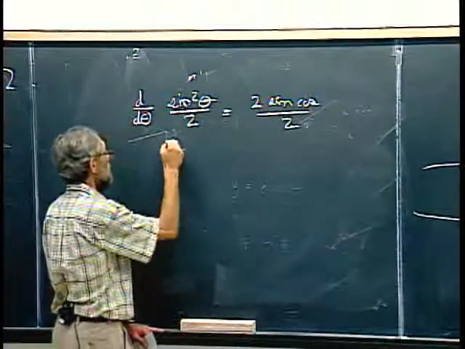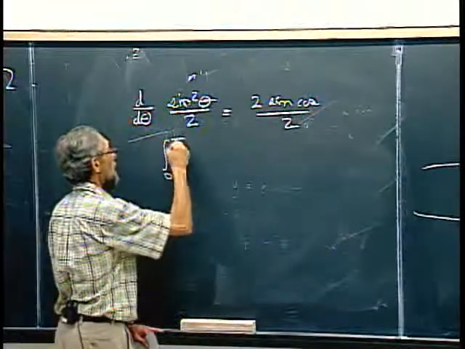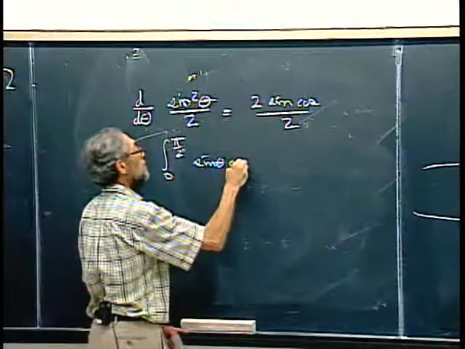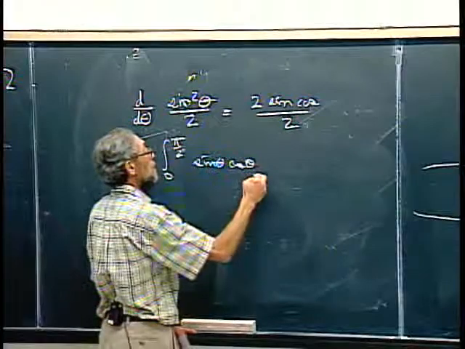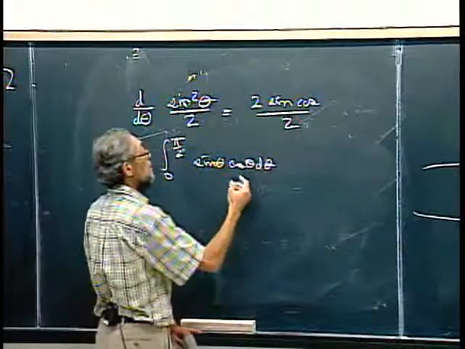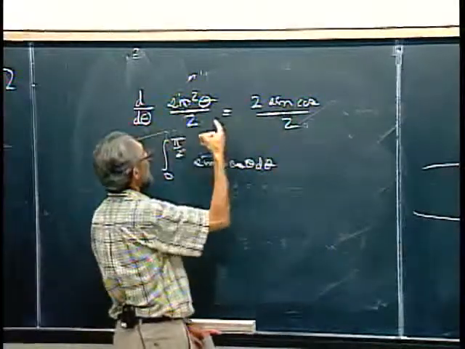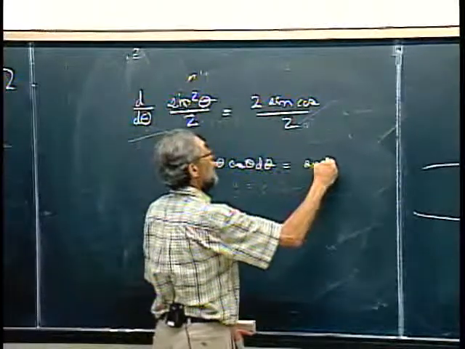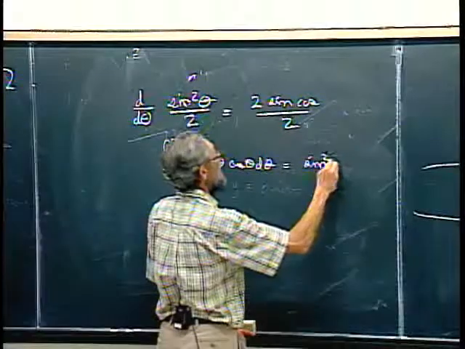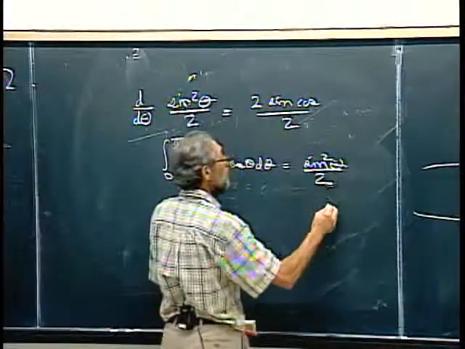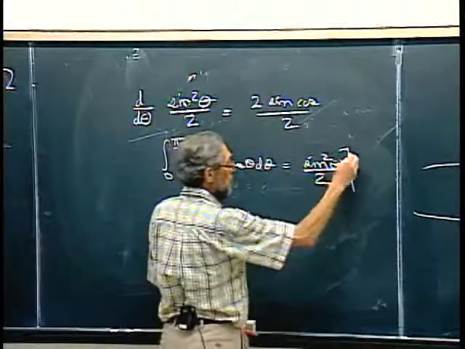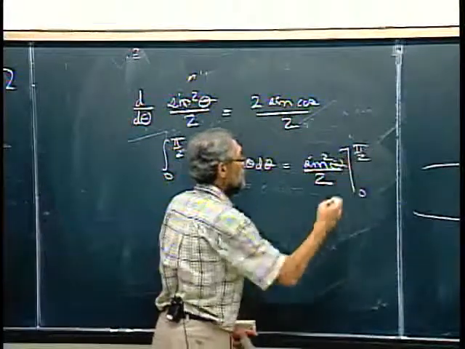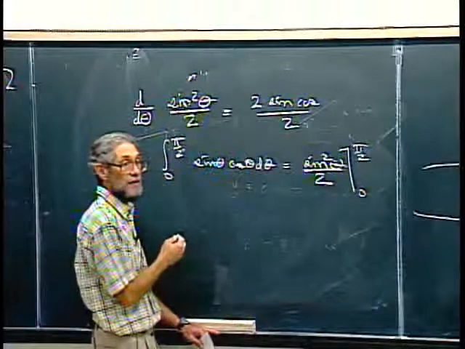So what that means is the integral from 0 to pi halves of sine theta cosine theta d theta is this quantity here, the antiderivative, sine squared theta over 2, evaluated between 0 and pi halves.